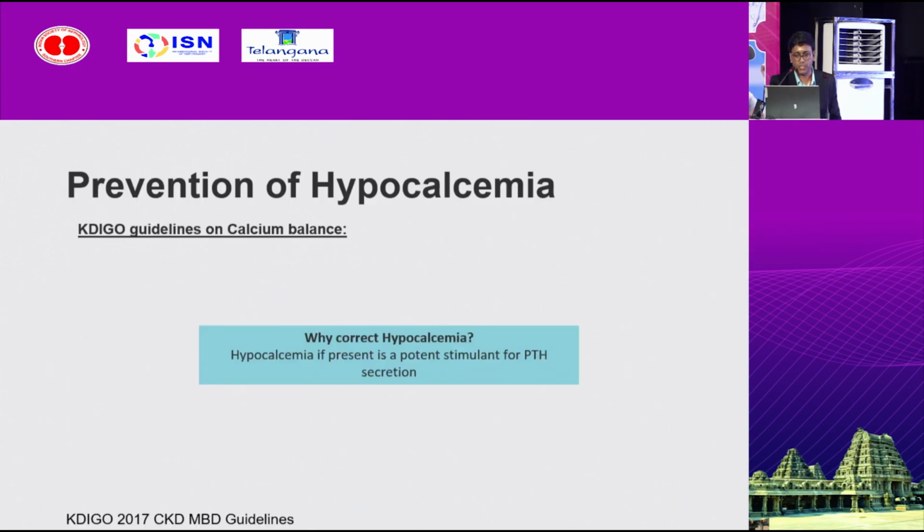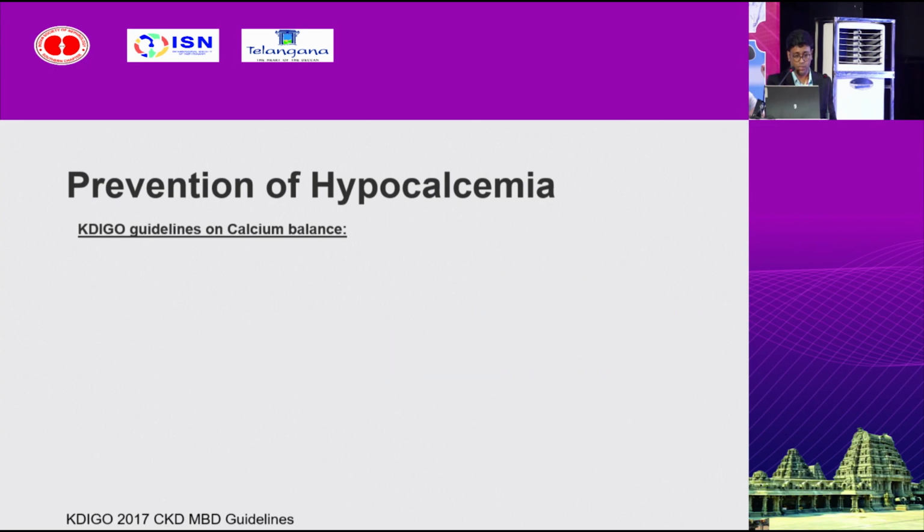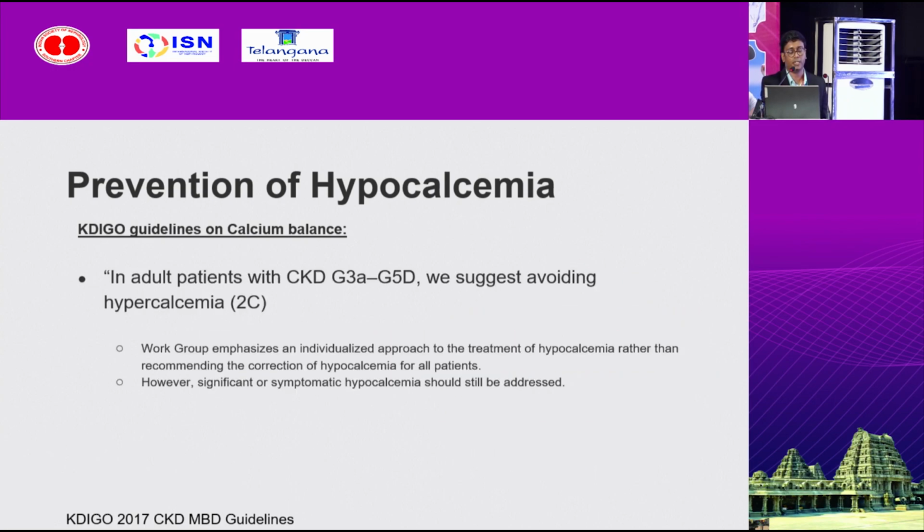Prevention of hypocalcemia. Why do we need to correct hypocalcemia? Because, as we know, it is a potent stimulant of PTH secretion. The 2009 KDIGO guidelines suggested maintaining serum calcium levels in the normal range, but the 2017 guidelines suggest avoiding hypercalcemia, emphasize an individualized approach to treating hypocalcemia, and stress managing significant or symptomatic hypocalcemia rather than correcting asymptomatic or mild hypocalcemia.